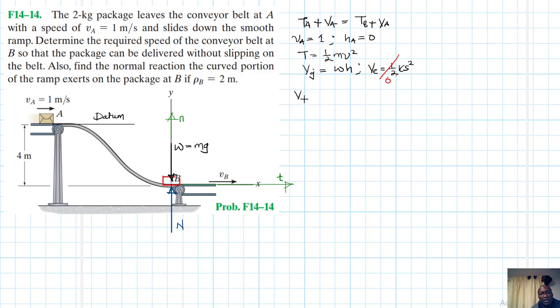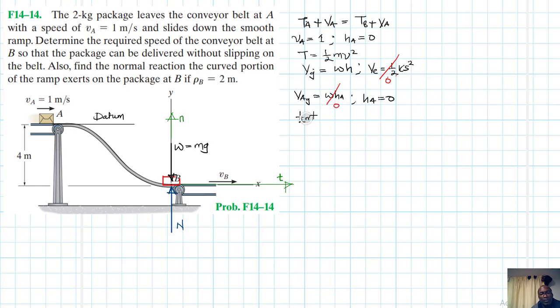Our VAG is equal to W HA, but we know that HA is equal to 0, so therefore this part is 0. This is about it. So we can write now the equation.